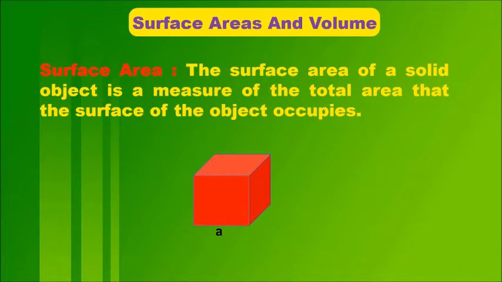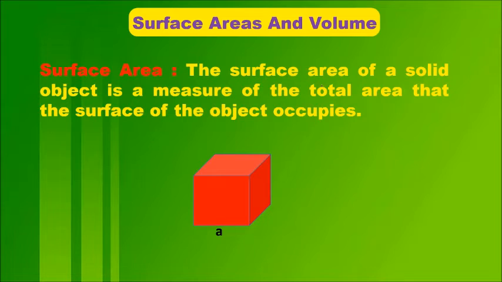Let us see an example. Suppose I have considered a cube whose measurement of side is given A. As we know, a cube has 6 surfaces where each surface is a square.